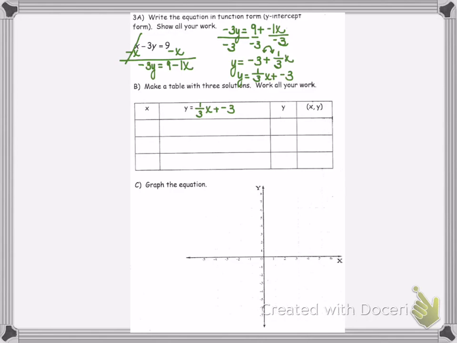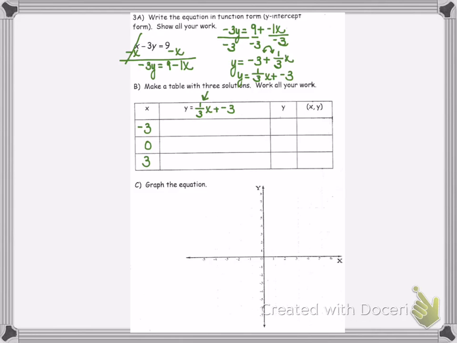Now this is one of those cases where you can get ugly y values if you're not careful plugging in. So take a look at the coefficient on the x, and I want you to tell me what kind of values you should plug in for x. So you should be determining that you need to use values that are multiples of 3.